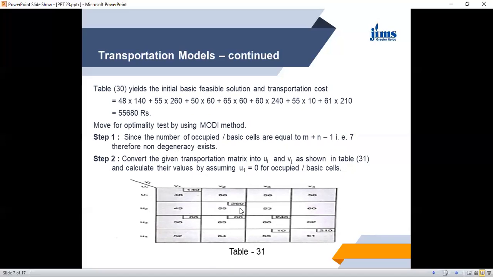For occupied cells, you start only with the occupied cells. So U1 plus V1 for occupied cells only will be 48. So U1 is equal to 0 and V1 is equal to 48. Now come to U3.